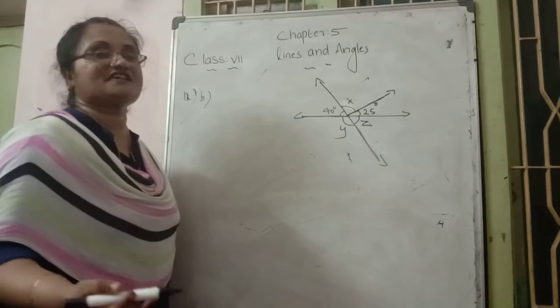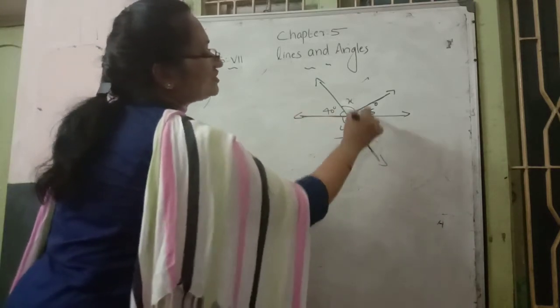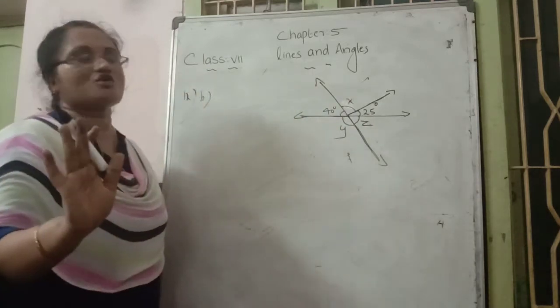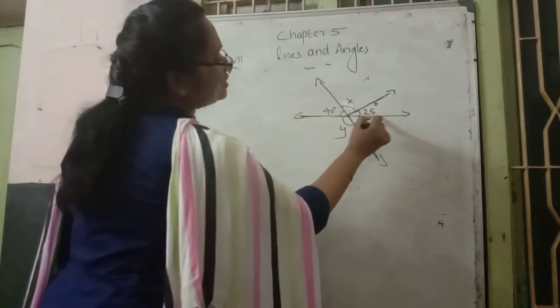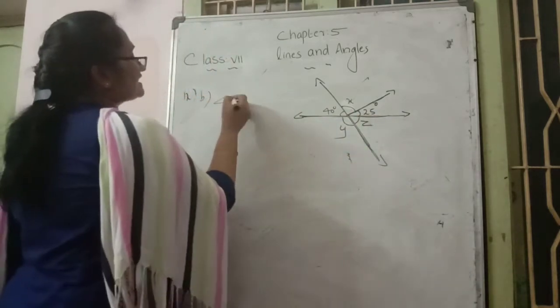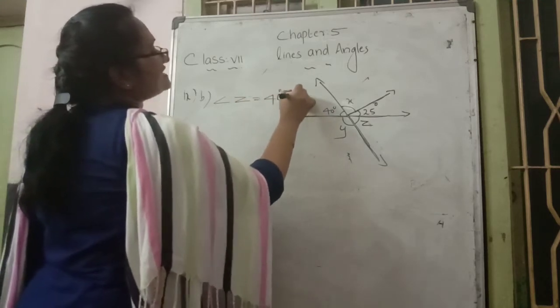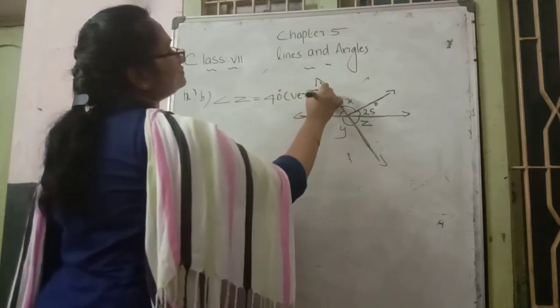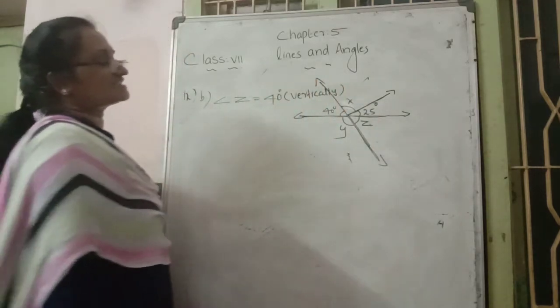That is the extra width I am telling you about. So we can say that y and 25 are not vertically opposite. Then which angle does this 40 degrees represent, and z also represents how many degrees? 40 degrees. So we can write angle z is equal to 40 degrees. The reason: they are vertically opposite. So the z value is okay. Next, the remaining x and y.